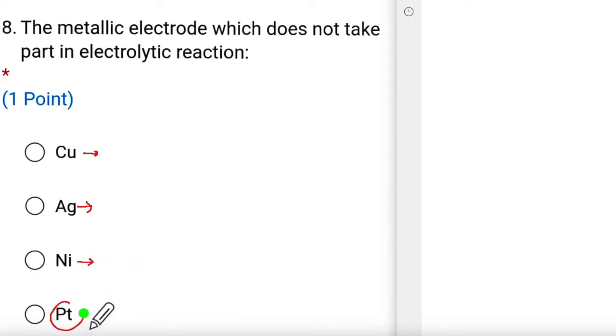But platinum, it is right at the bottom of the EC series. This is not going to take part in any reaction. So this is going to be the inert electrode. So the metallic electrode which does not take part in the electrolytic reaction is actually the inert electrode. So our answer is platinum.